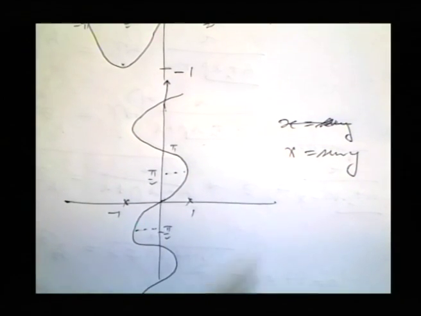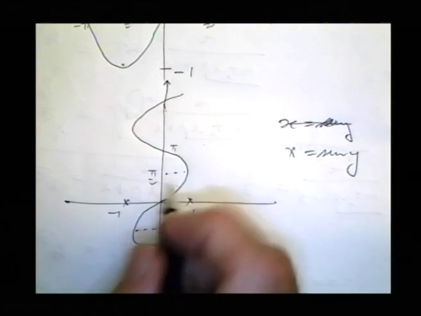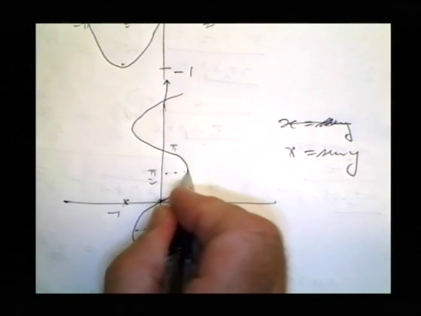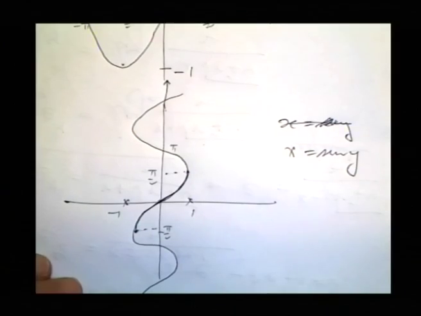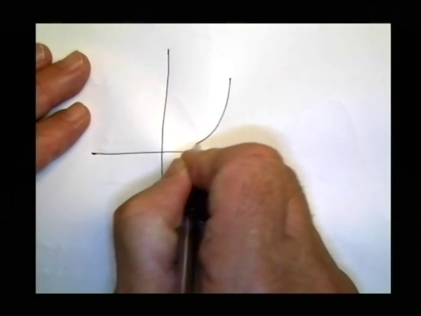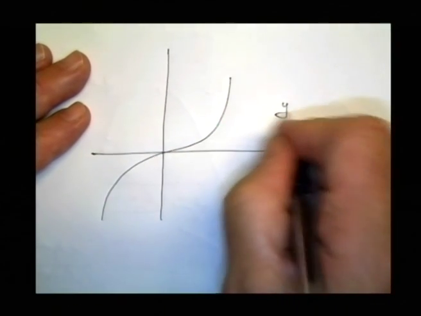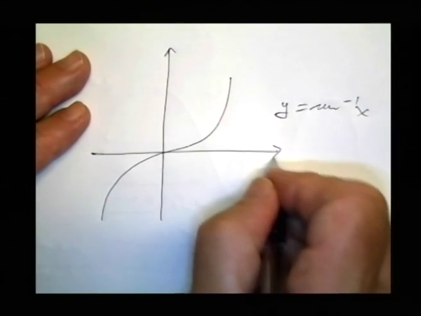If you want to talk about the function, this of course is a relation. So the only way you can get a function, which might include the origin, is this part of the curve here. And that part of the curve is actually the curve of y equals sine to the -1 of x.